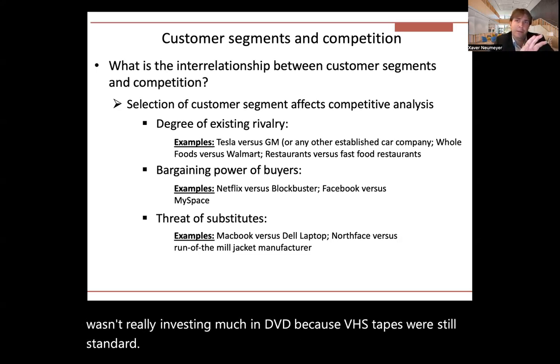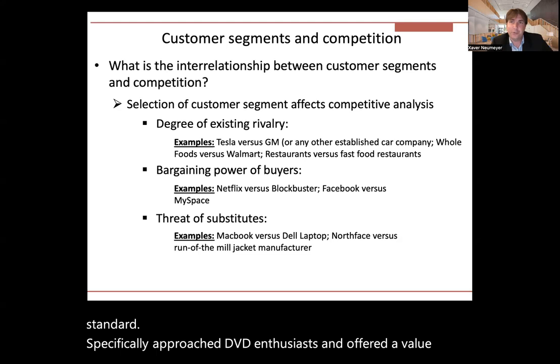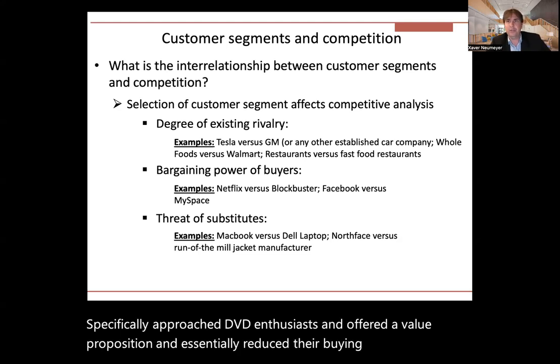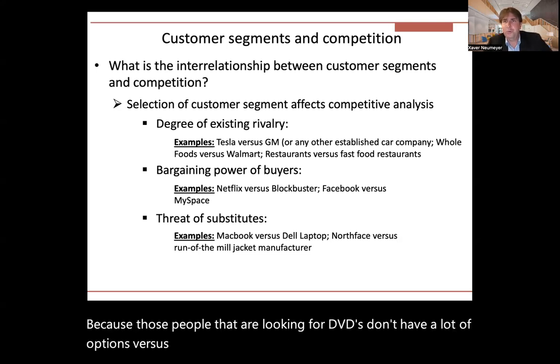Netflix specifically approached DVD enthusiasts and offered a value proposition and essentially reduced their buying power, right? Because those people that are looking for DVDs don't have a lot of options versus those people who buy VHS cassettes or want to borrow or want to loan VHS cassettes.